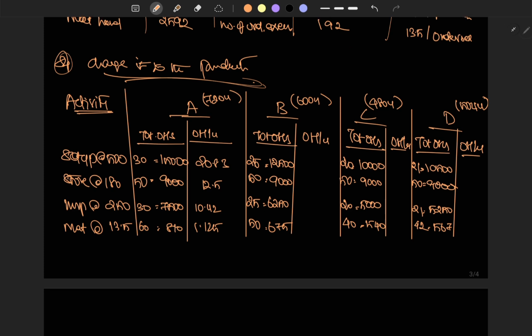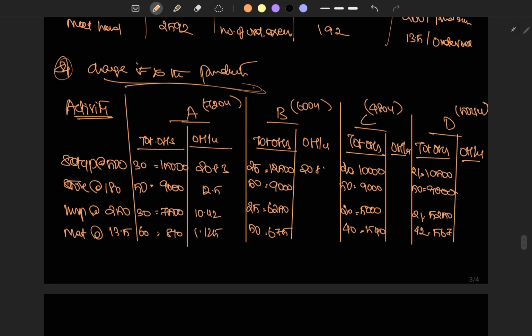For B, 12,500 divided by 600 gives us 20.83, and 9,000 divided by 600 gives us 15. 6,250 divided by 600 gives us 10.42, and 1.125.